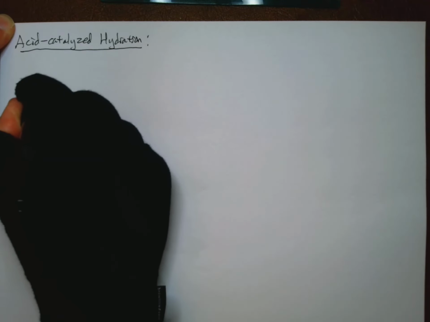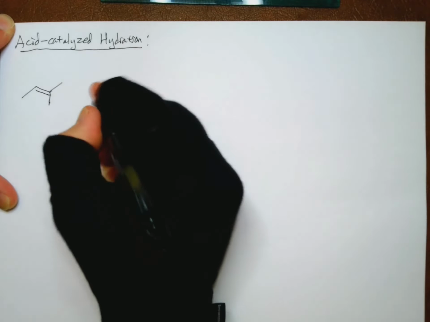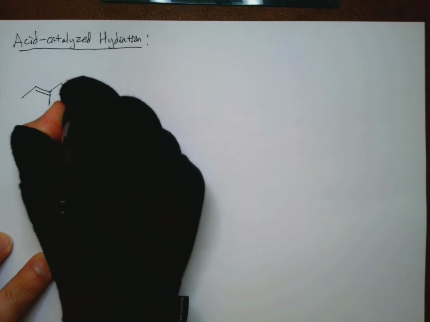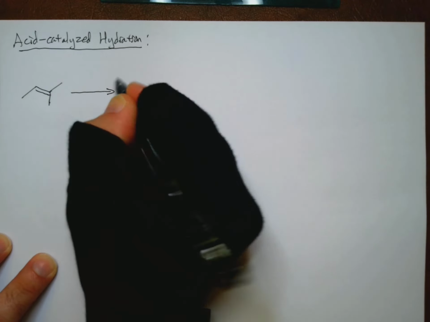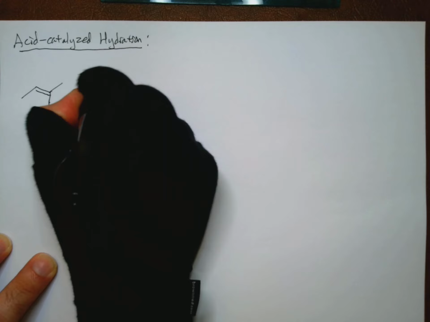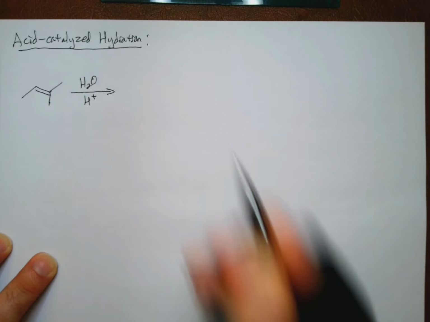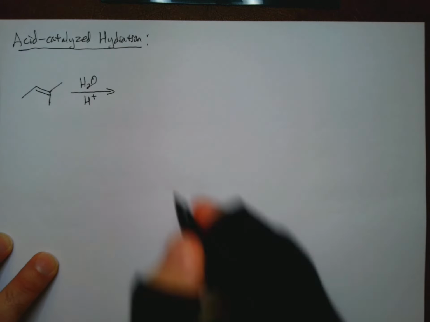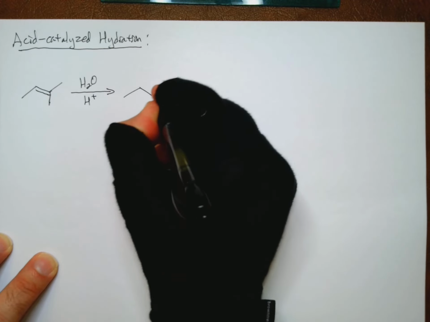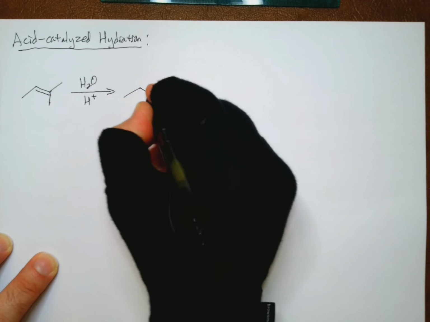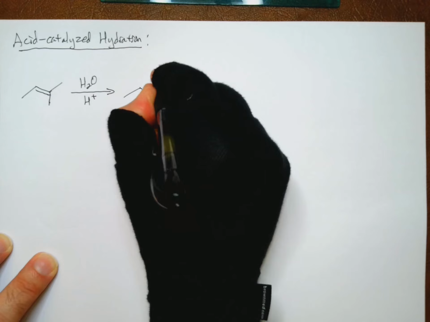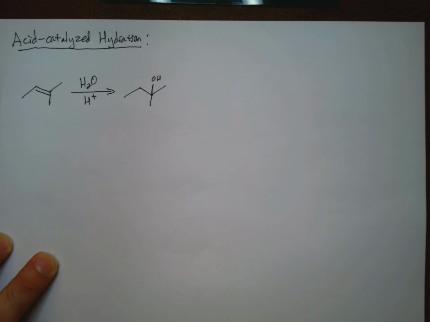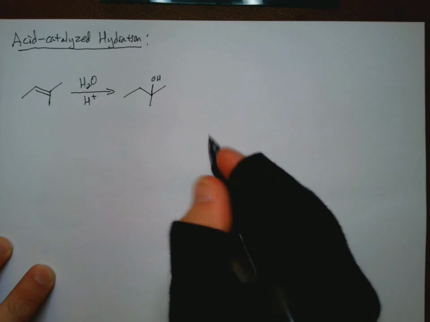Okay, and let's go ahead and take our asymmetric alkene here, and I'm going to treat it now with water and acid. And I will get that species there.